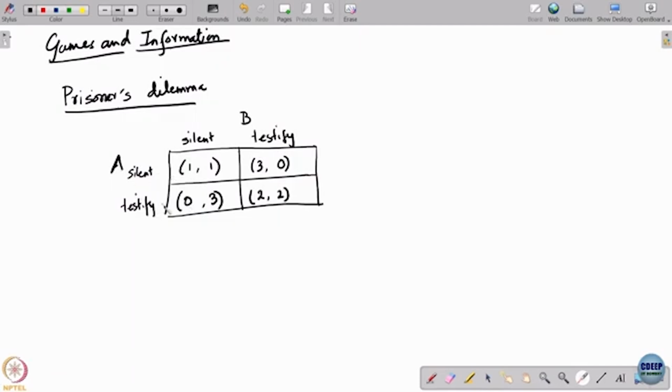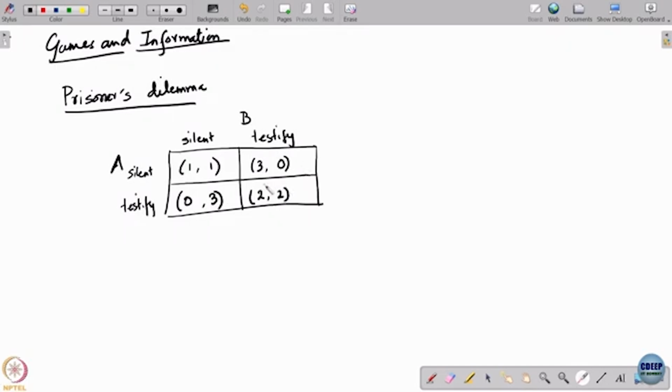Now, you compare the corresponding rewards that the player would get if he plays one strategy or the other strategy. And what you observe is that testifying is always better than staying silent, regardless of what the other player does. So, for example, if B is staying silent, then testifying is better than staying silent for A. If B is going to testify, then again testifying is better than staying silent for A.